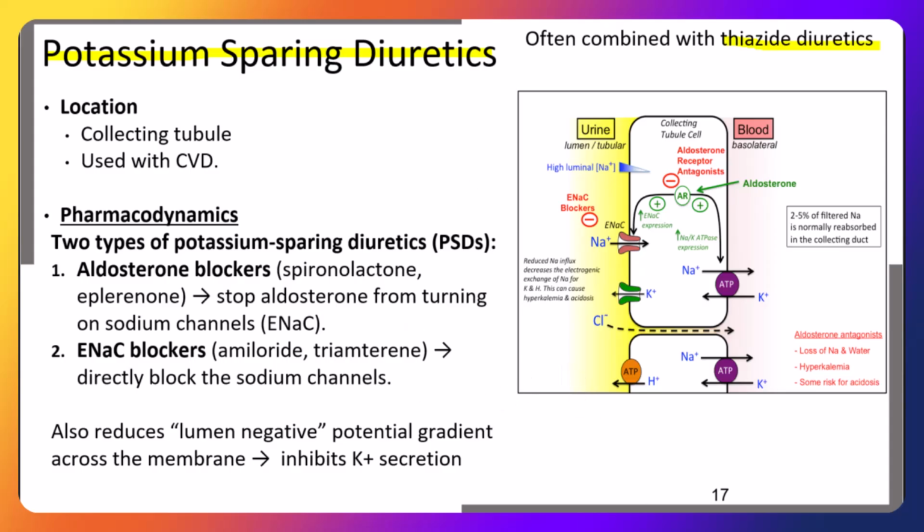There are two main types that we're going to talk about in terms of how they work. We have aldosterone blockers, and then we have what are called epithelial sodium channel blockers. In looking at this image here, we're at the collecting tubule, the most distal part of the nephron.